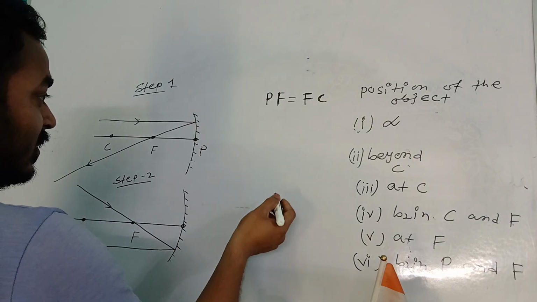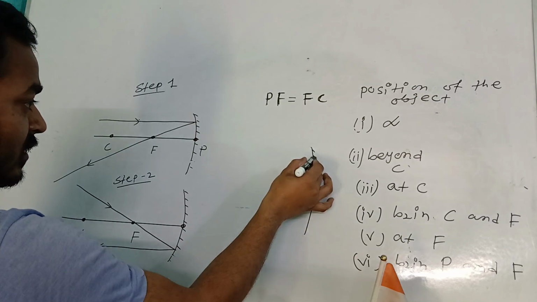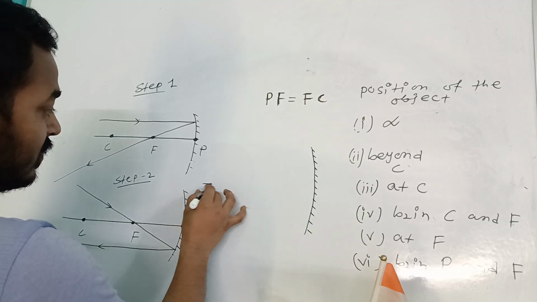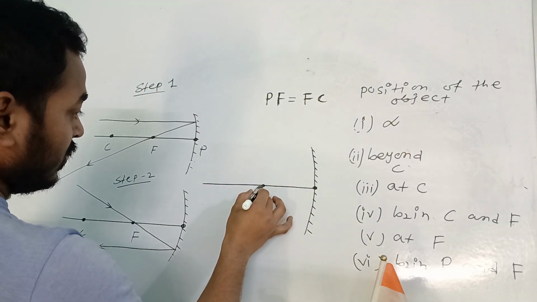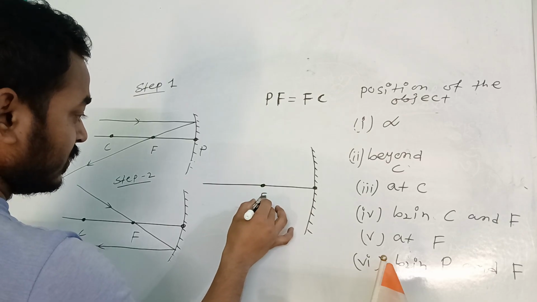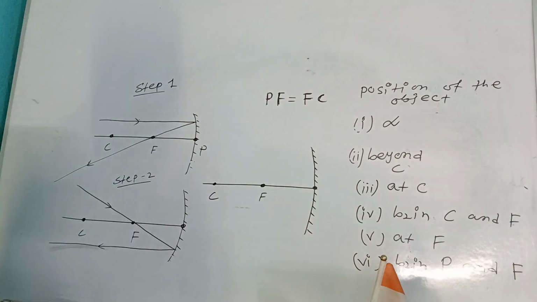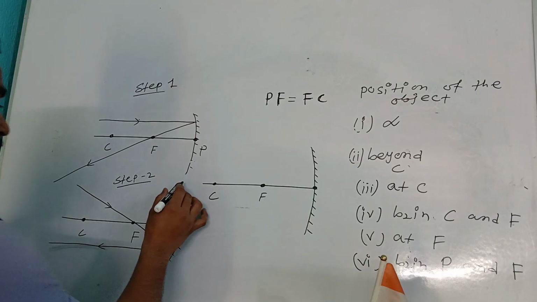Achha. Another one, this is again the concave mirror. Again the principal axis. This is pole. This is focus, and this is center of curvature. Be careful.